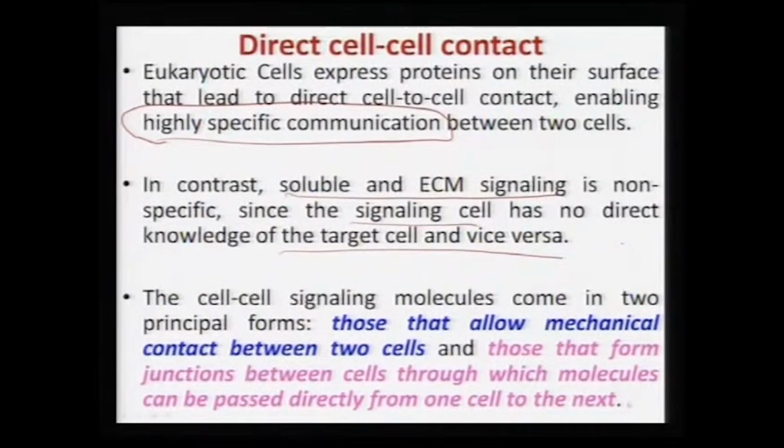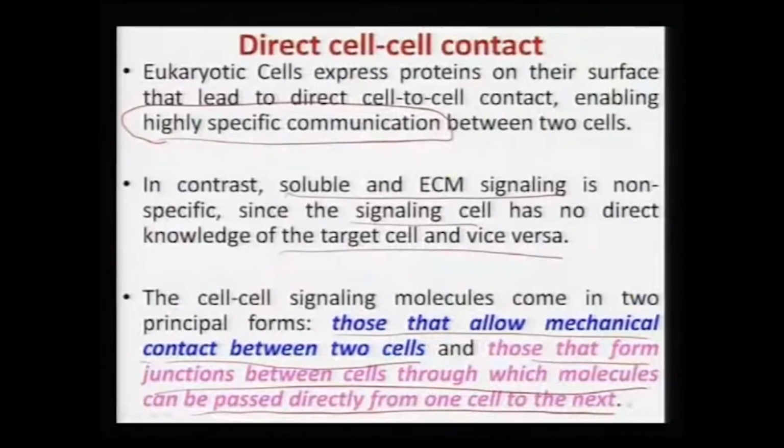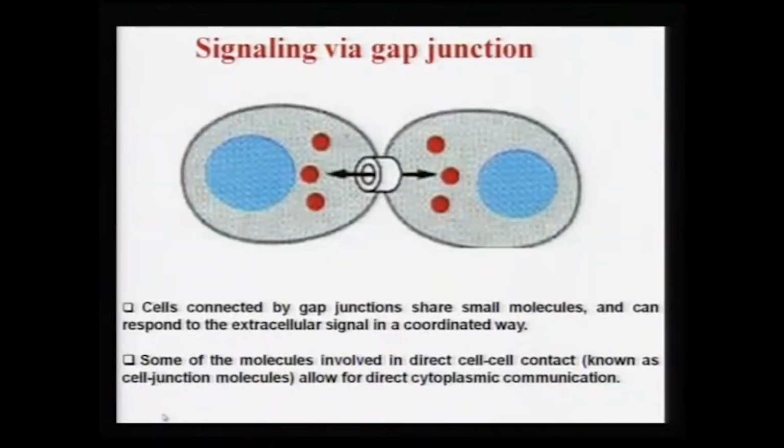Then the third point mentioned here is that cell to cell signaling molecules come in two principal forms, like those that allow mechanical contact through which molecules can be passed directly from one cell to the next cell, and the next. This is what I was mentioning, signaling via gap junction. This is direct contact, and here you can see the signal molecules.